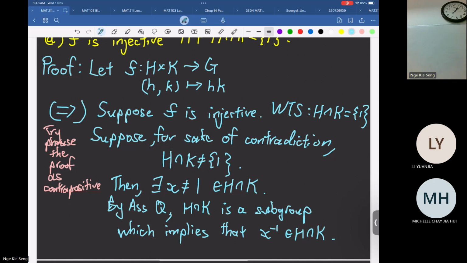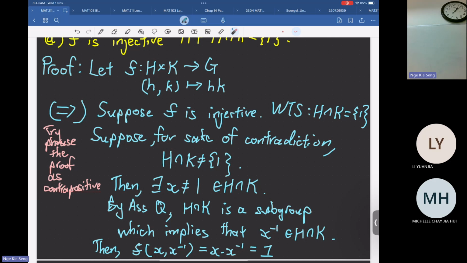Then f of x and x inverse is x times x inverse, which is the identity. But we know that the identity will go to the identity as well, because you just plug in (1, 1) here. So (1, 1) goes to the identity, and (x, x inverse) also goes to the identity. This means what? This means f is not injective.